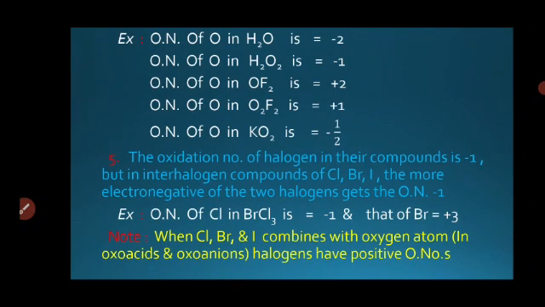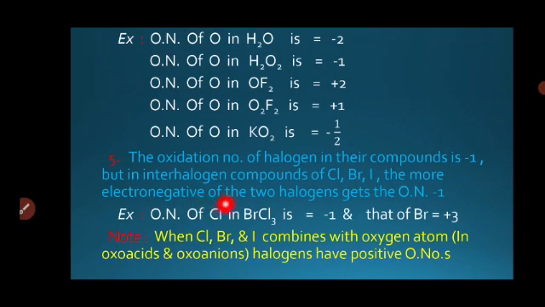But even in interhalogen compounds, remember the word, see here, interhalogen compounds of Cl, Br, I, it gets even positive oxidation state. It depends on what? The most electronegative element which is present with them.